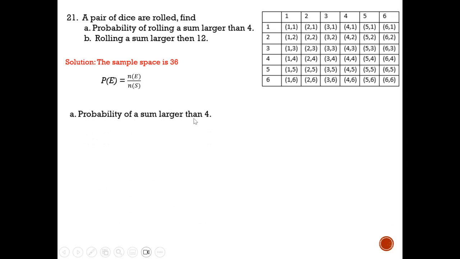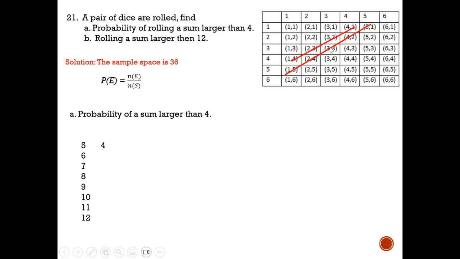Okay, a probability of the sum being larger than 4. So it can be something more than 4. It can be 5, 6, 7, 8, 9, 10, 11, 12, right? You notice the maximum that we can reach as a sum is 12. That's why it has to go from 5 to 12. Okay, 5 will be here, guys. All these will be 5: 1 and 4, 2 and 3, 3 and 2, and 4 and 1, which is 1, 2, 3, 4. 6 is these right here, 1 plus 5, 2 plus 4, 3 plus 3, 4 plus 2, and 5 plus 1, and so forth.